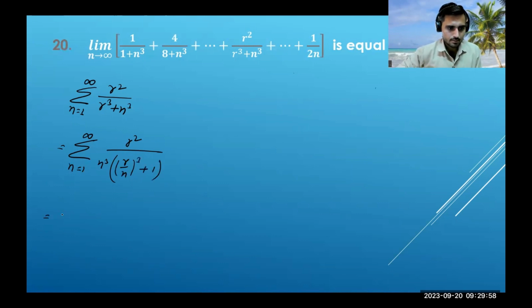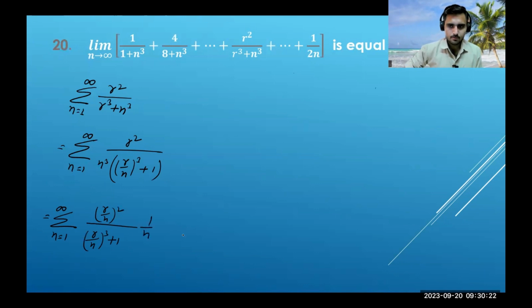And in the next step, n equal to 1 up to infinity, so r upon n square. From n cube, I'll separate n square and write n square together with r square. So we have r upon n whole cube plus 1.